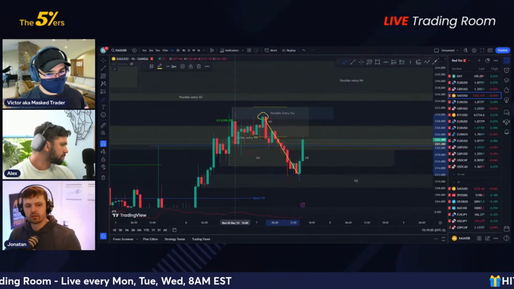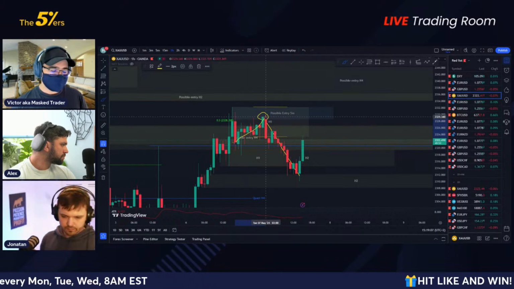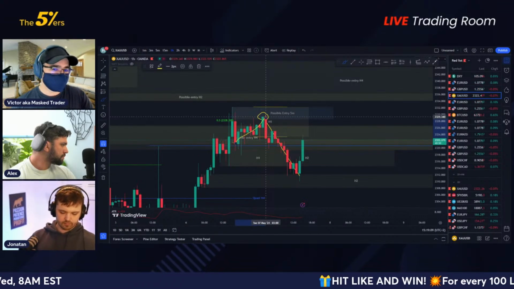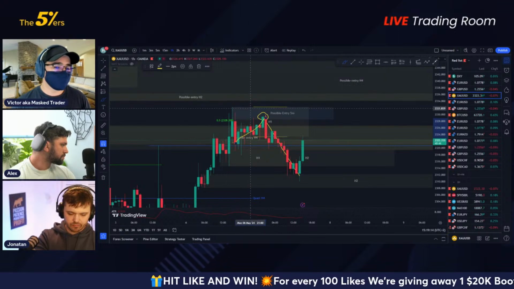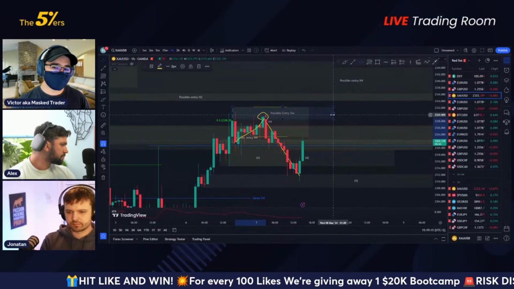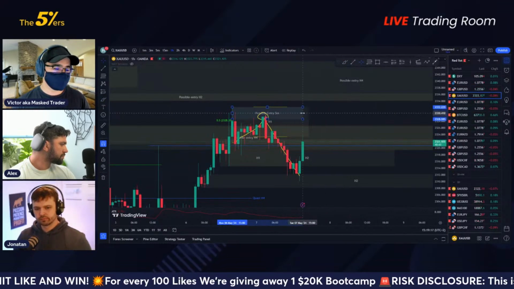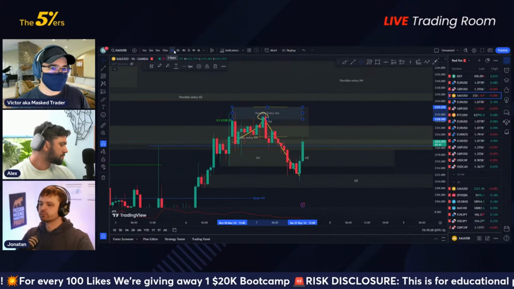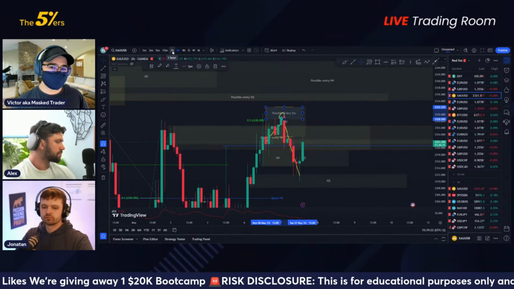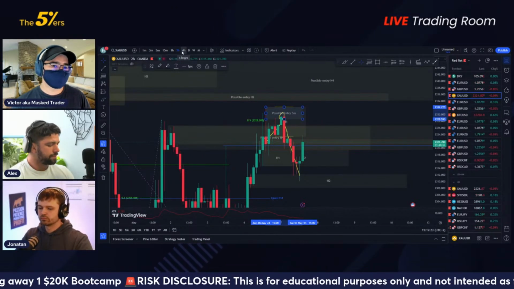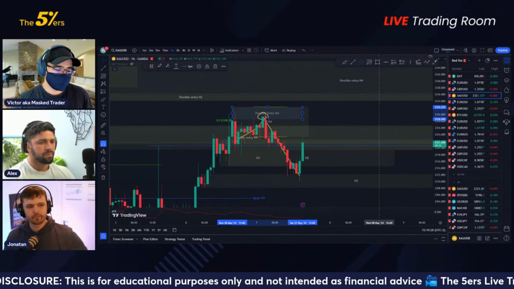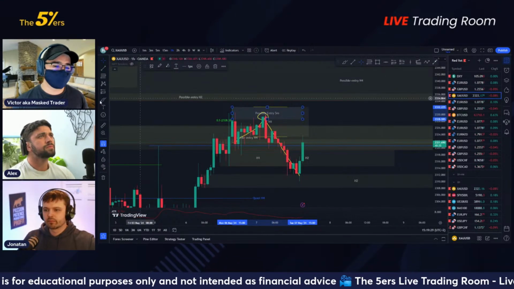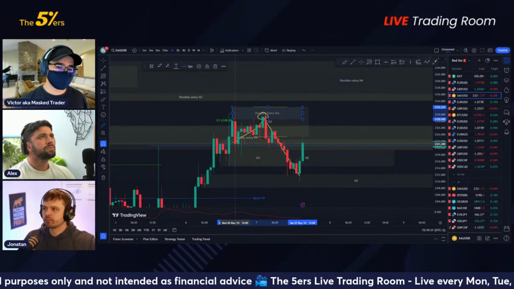So even if it takes a lot of time to get there, on the 5-minute it looks like too long, right? Why would that structure still be relevant after so many hours have passed? But if you look at it on the 1 hour, you will see that it makes sense to wait for it. That's not too much. How many bars is it since it made that?